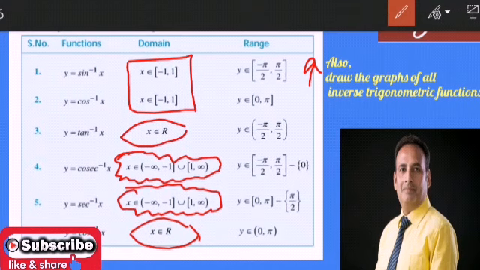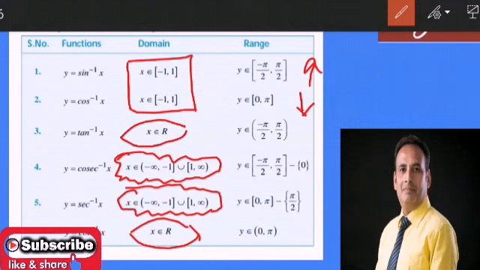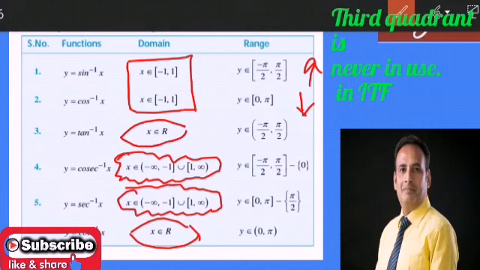Cos inverse x graph, you know, this is a decreasing function. If you see the graph, you find a decreasing function. The range is 0 to pi. At pi the value attains -1, and at 0 the value attains +1.